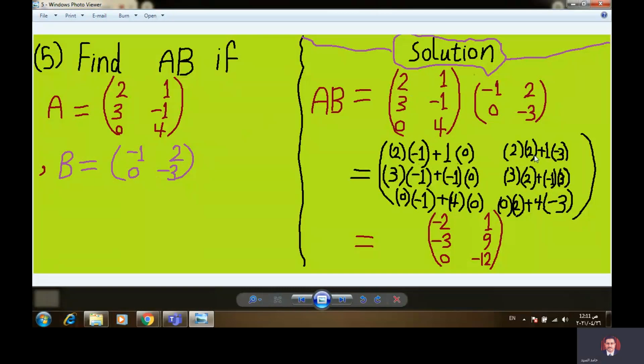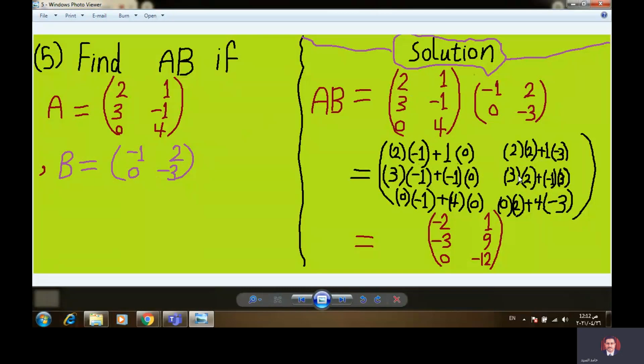The first row times the second column. Look at this element. The second row times the first column.